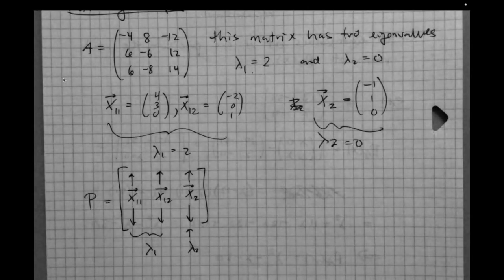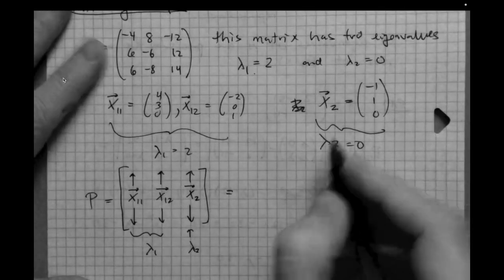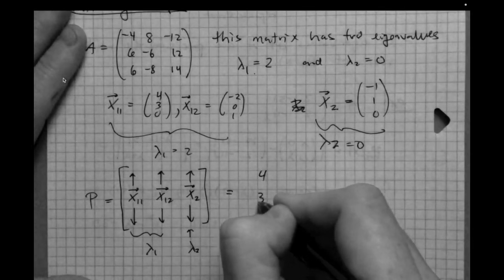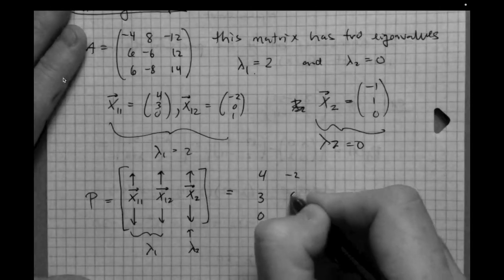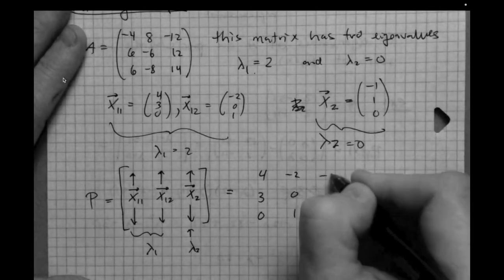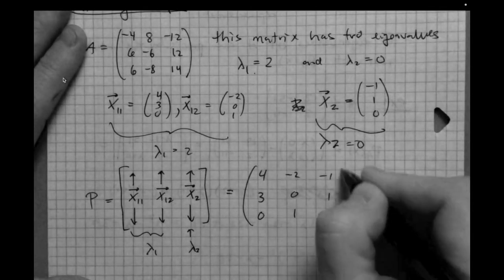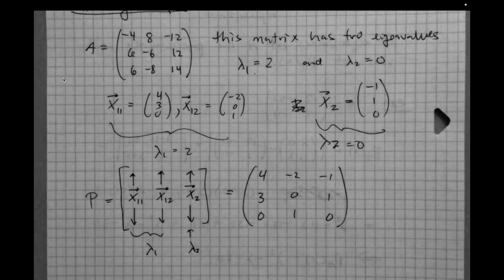The order here is going to matter in what's to come, so just keep straight that λ1's come first and then λ2's. So we'll have 4, 3, 0, negative 2, 0, 1, negative 1, 1, and 0. This is what we're going to call our P matrix.